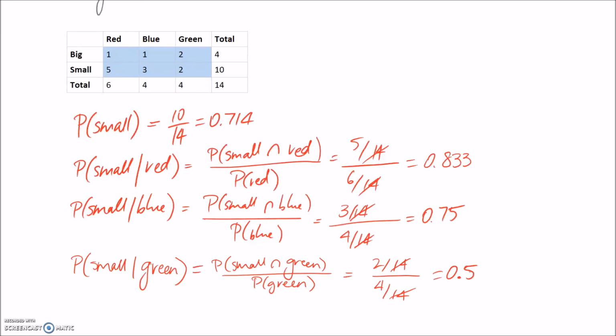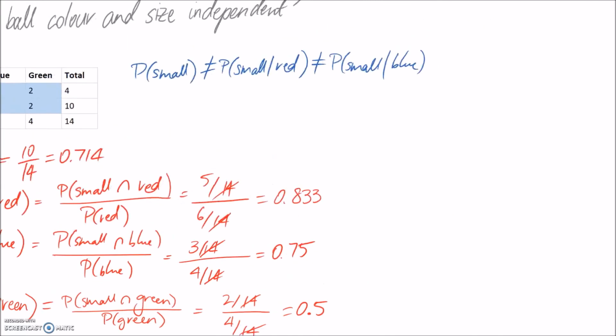So from this, what we've got is that the probability of it being small does not equal the probability of it being small conditional on it being red. This does not equal the probability of it being small conditional on being blue, and also the green case as well.